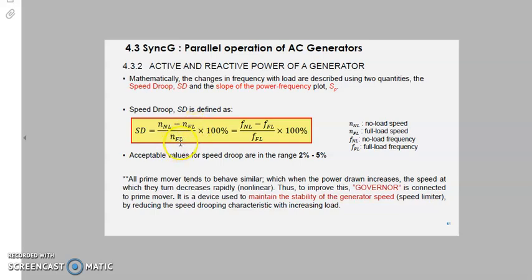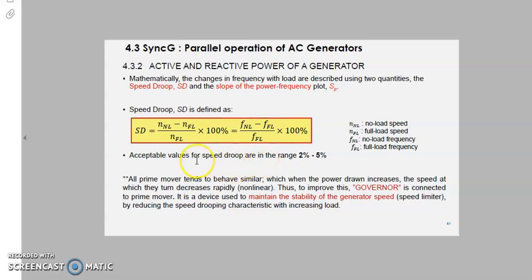It's just like for other machines, this is your speed regulation. But in terms of a synchronous motor or generator, we name it speed drop. Or in terms of frequency, we can consider it as the frequency at no load minus the frequency at full load, divided by the full load frequency.